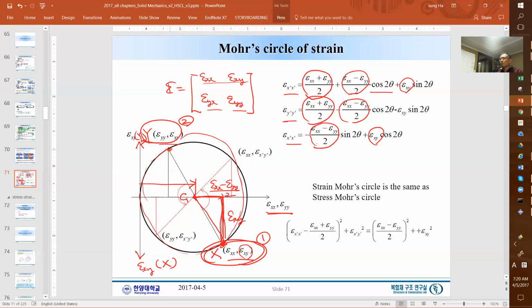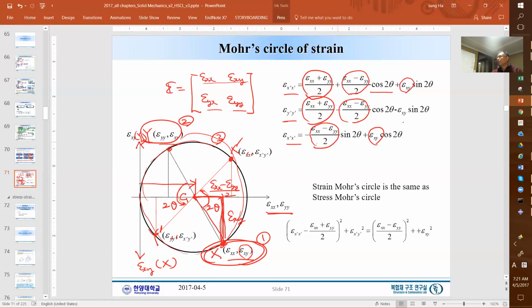So draw circle will be the third step, and then rotate by 2 times theta, and this one we call x prime, and that we call y prime. So you can just read the coordinate of this point and coordinate of that point. That is the Mohr circle.